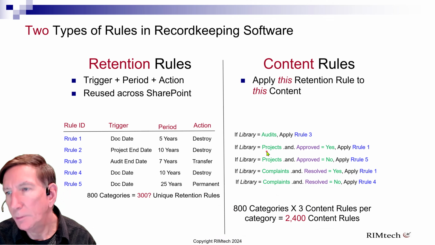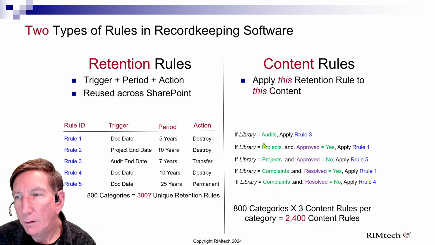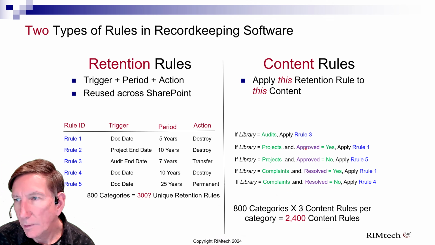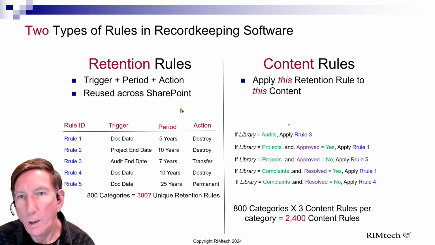So let's look at some examples here. If library projects has a metadata field approved and it has 100 documents in there, and one of the documents says approved is yes, well, for that document in that library, apply the rule R1, which is 5 years and destroy. Simple. But what about the other documents where approved is no? Apply Rule 5, which is document date plus 25 years and then keep permanently.